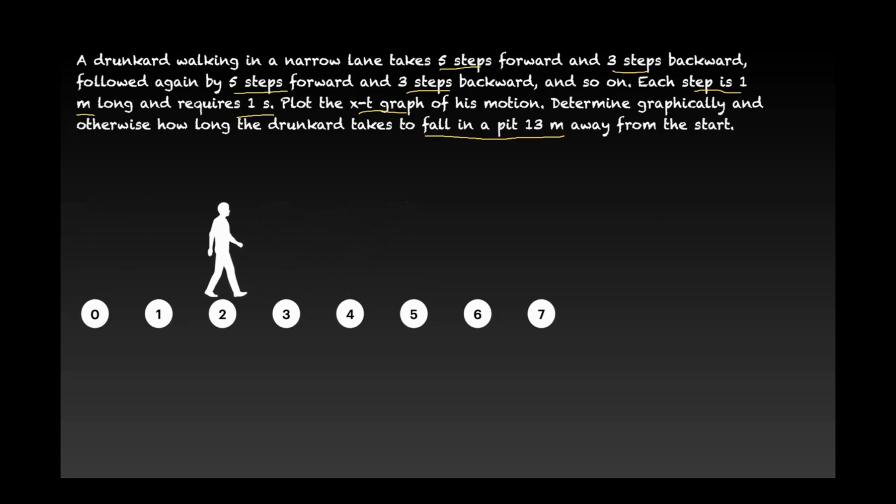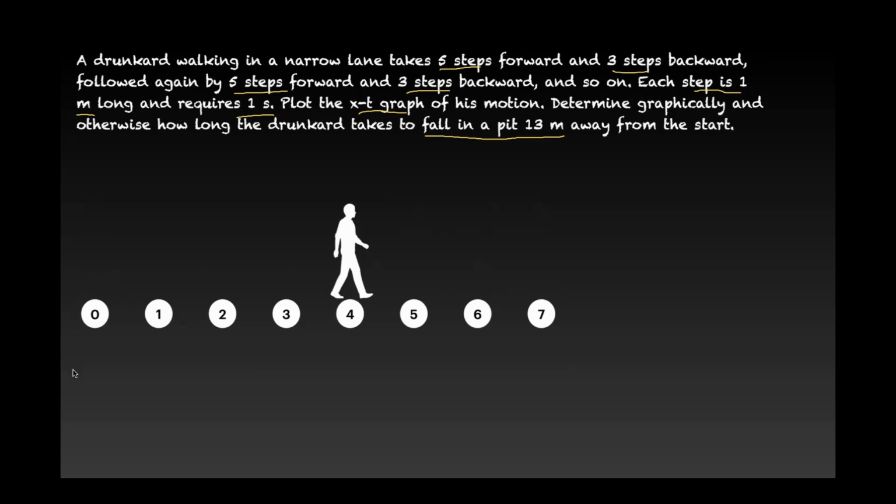Now again he goes 5 steps forward. Now he goes 3 steps backward. Is this animation clear? Now 3 steps backward he has gone. So now we have to draw the x-t graph.